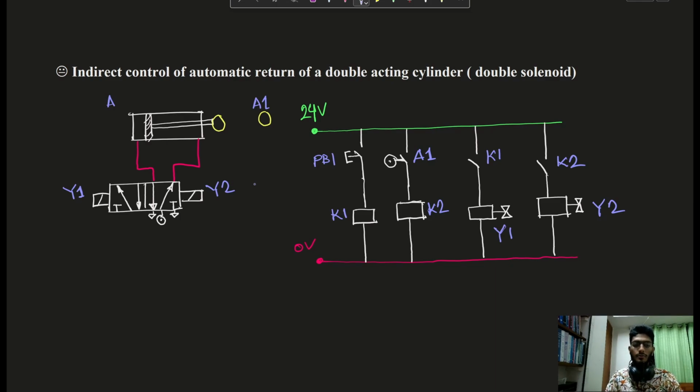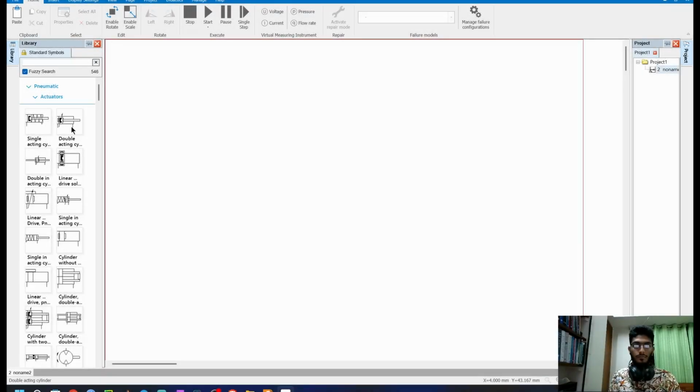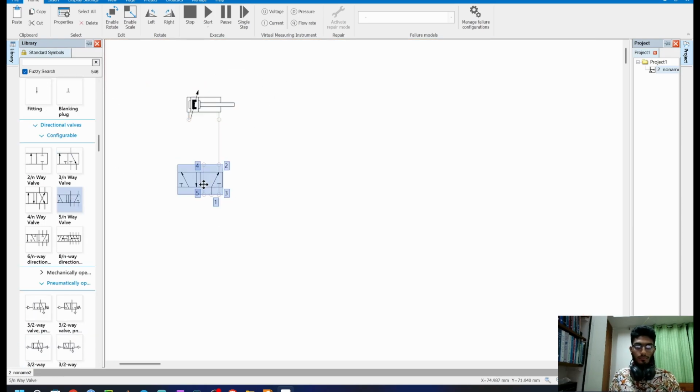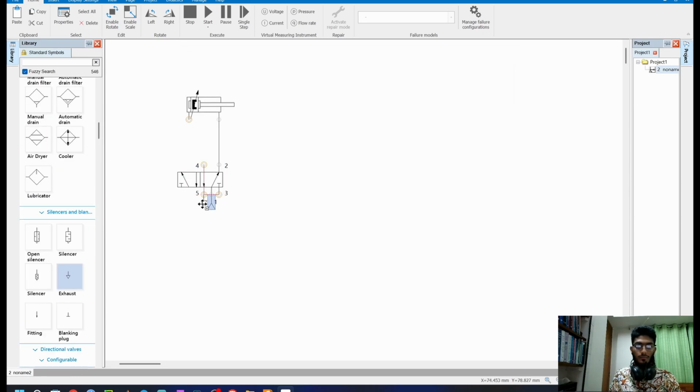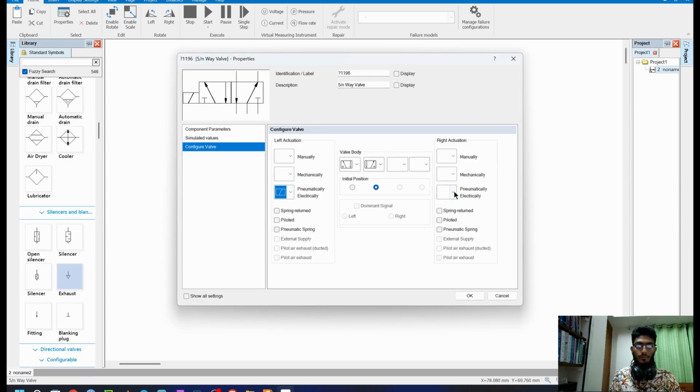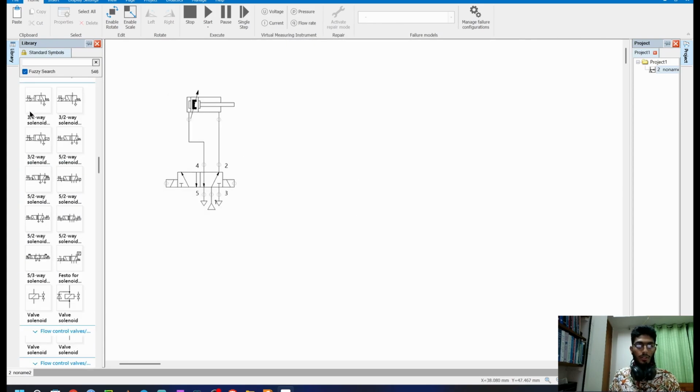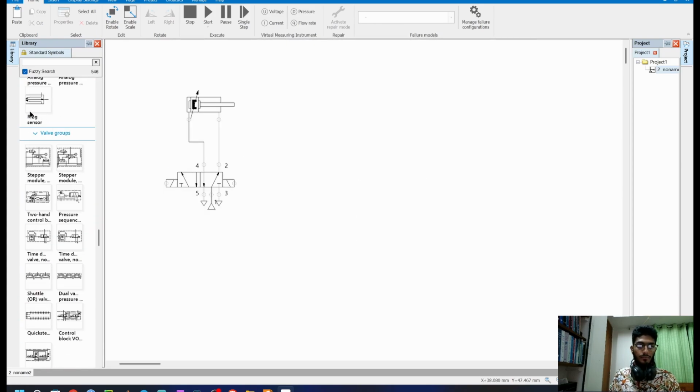Now let's see in the FluidSIM software. So this is my pneumatic part. Now for the electrical one.